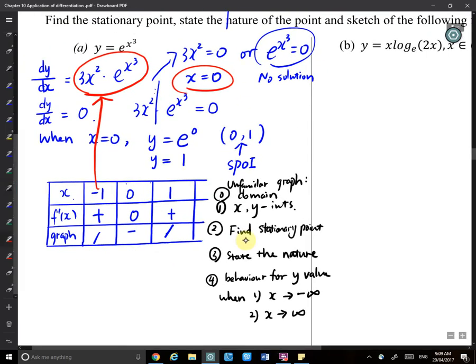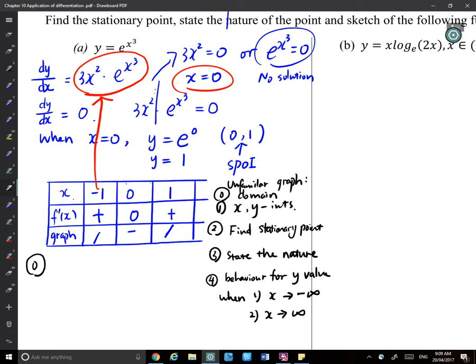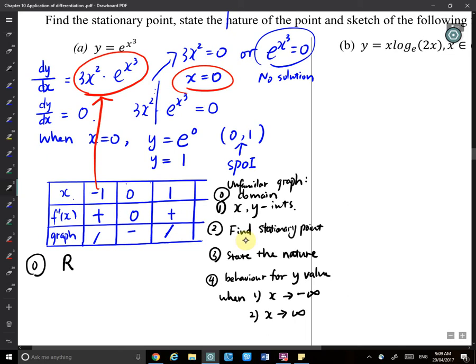Okay, domain. Number 0, what can the domain be for this graph? What do you think the domain will be? Is there any other restrictions? No, so R. Okay, first, xy intercepts.